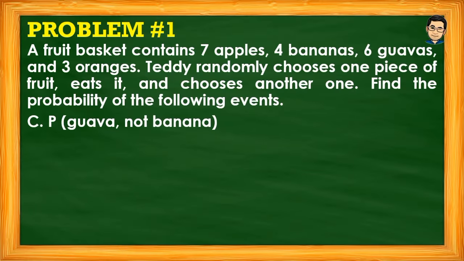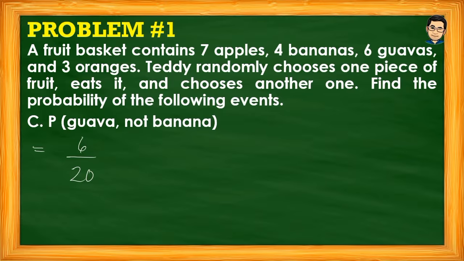So, we have letter C. Probability of choosing guava and then not banana. First, the probability that guava is chosen. That is 6 over 20. That's okay.